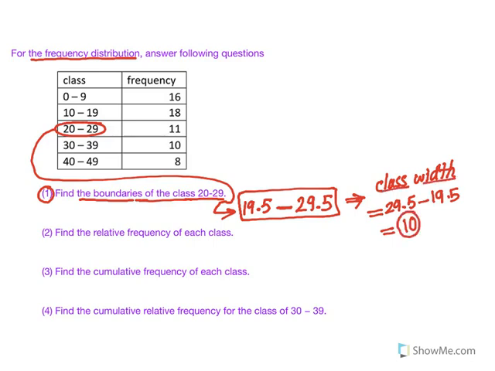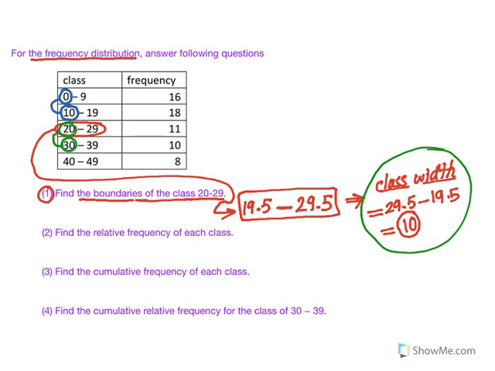It was not asked for you to do it, but I'm just reminding you of what it means or how to do it. There is another way, of course, which is to look at the difference between the lowest value in one of the classes and the one above it. So 10 minus 0 is 10. Or you can do, let's say here, 30 minus 20, which is 10.